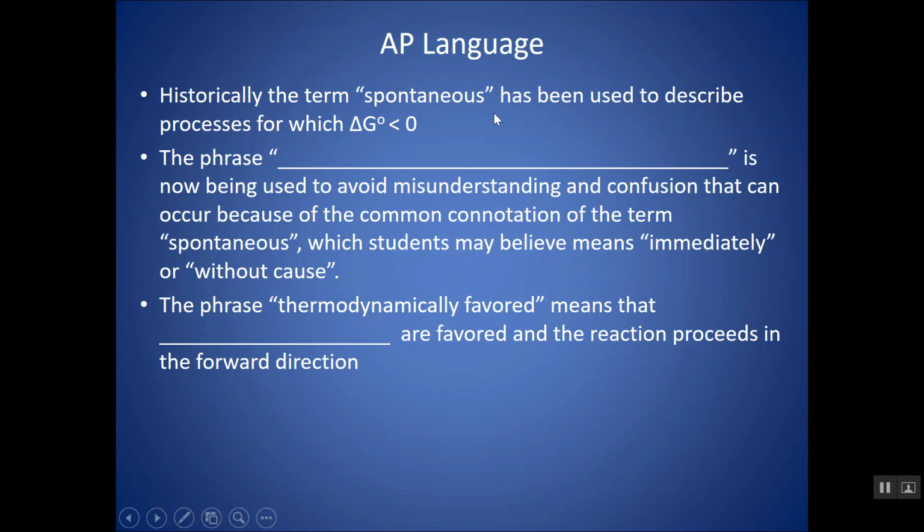So the AP said, hey, this is a little confusing because the word spontaneous to me means immediate and kind of implies that it's happening fast. So they've kind of changed spontaneous into the word thermodynamically favorable instead, to avoid any kind of misunderstanding that this is happening quickly. We only want it to mean that this is happening without outside intervention.